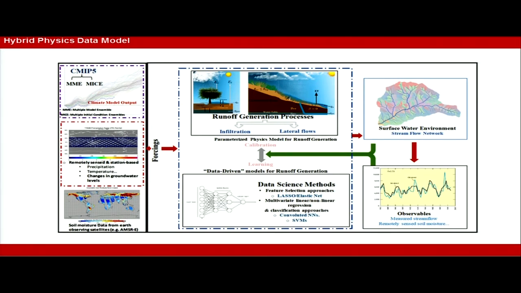So this goes like a typical neural network, where you have a feed forward process, then a back propagation process where you learn from errors and adjust your weights in both physics-based models and data science-based models, and try to improve the overall skill of your model.